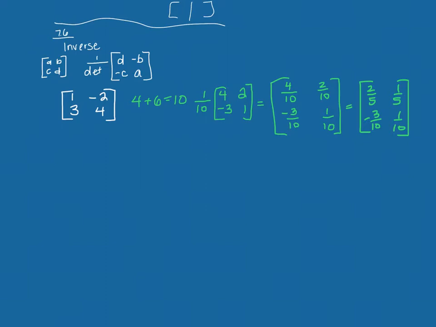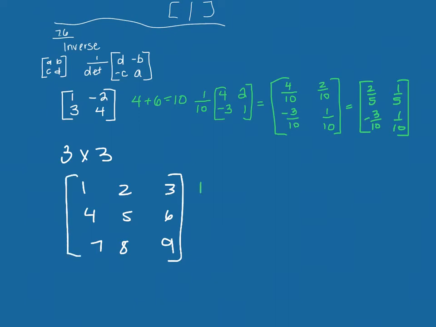Then we had our inverse of our 3 by 3s. Okay, so this was if it was 1, 2, 3, 4, 5, 6, 7, 8, 9. Then I add on my 1s and 0s. This would be 1, 0, 0, 0, 1, 0, 0, 0, 1. And we would work through that process until the left side equals the right side.